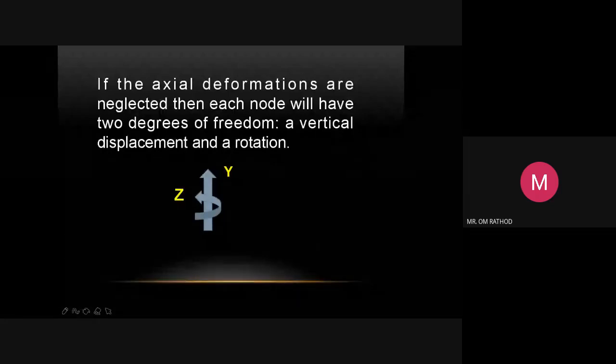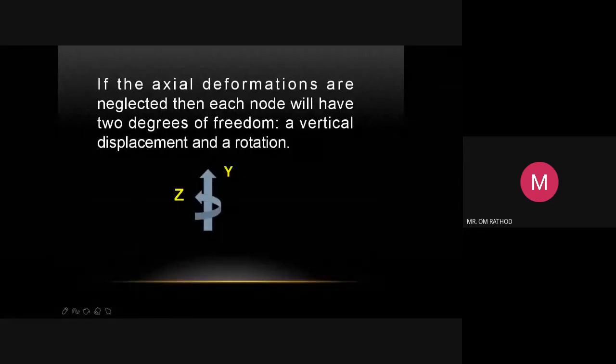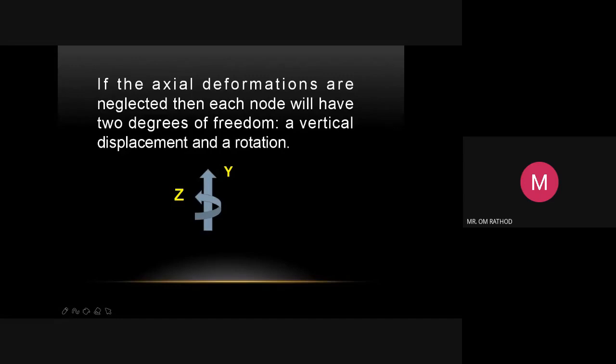So here I have shown you in this y direction, this arrow shows the transverse displacement along y direction, that means delta y, and rotational displacement along z direction, that means theta z. That means the rotation we are denoting with the help of theta, and the translation displacement we are denoting with the help of delta.